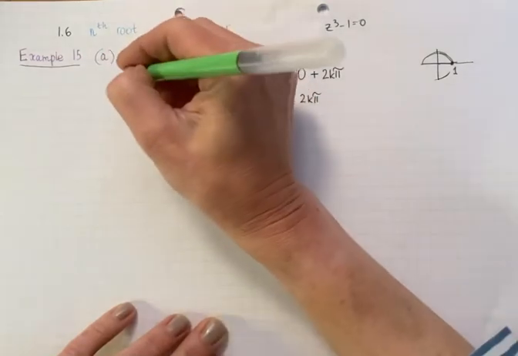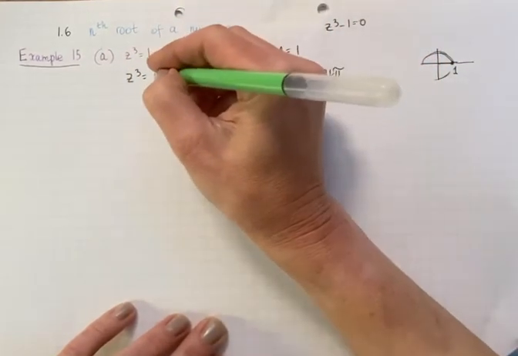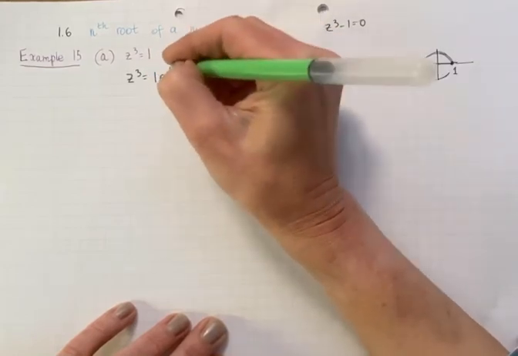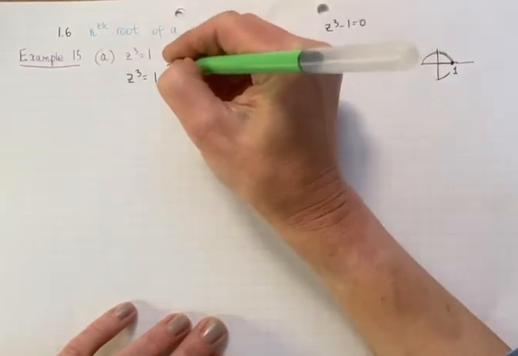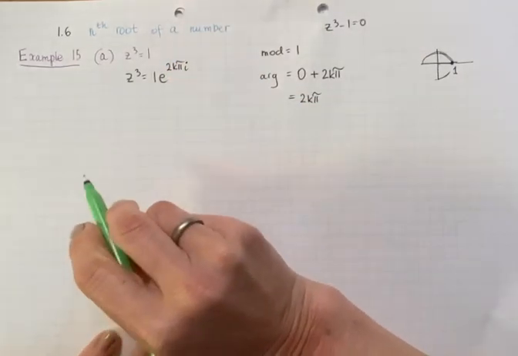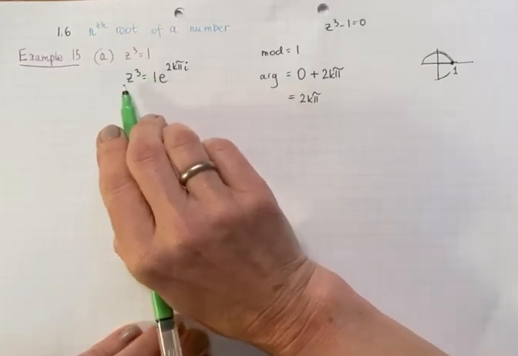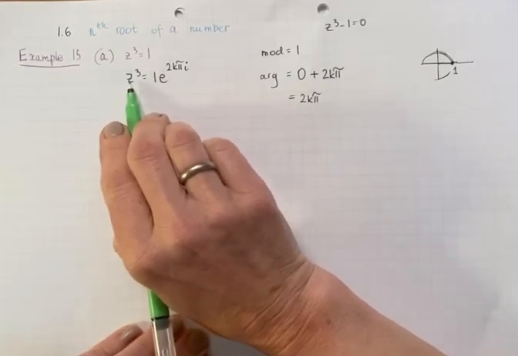I'm going to use exponential form because it's a little bit more efficient. So it's 1 equals e to the power of 2k pi i. So we need to find the cube root of that number.